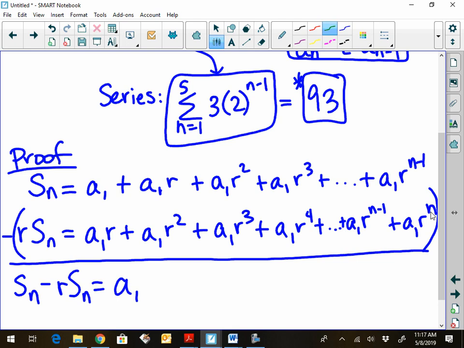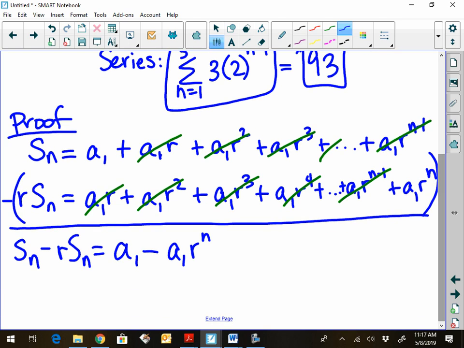Then a sub 1 times r minus a sub 1 times r, so these two cancel out, right, because we're subtracting. So we can keep going. These would cancel, these would cancel, this would cancel, and the term right before, those would cancel, and then we'd be left with minus a sub 1 r to the n, and that's what it simplifies to.